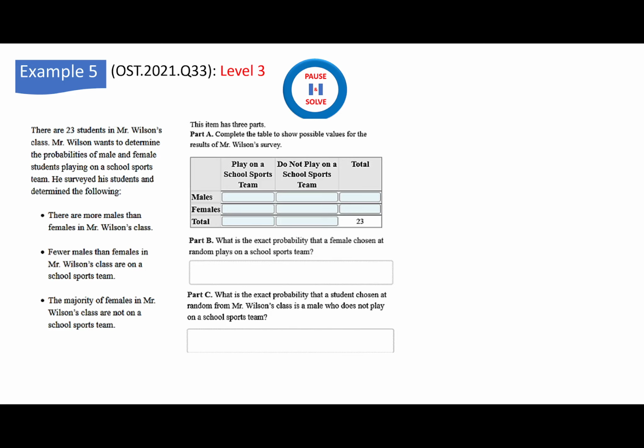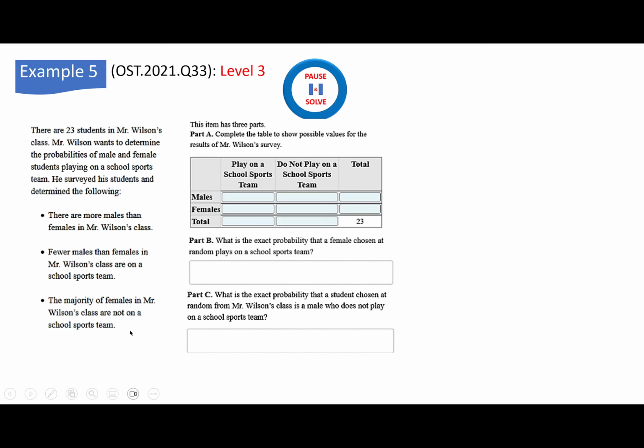So this is the information that we have. There are more males than females in Mr. Wilson's class. Fewer males than females in Mr. Wilson's class are on the sports team. The majority of females in Mr. Wilson's class are not on a school sports team.